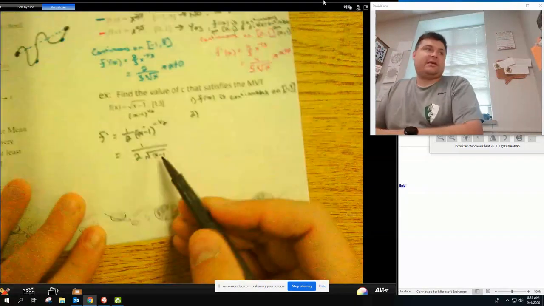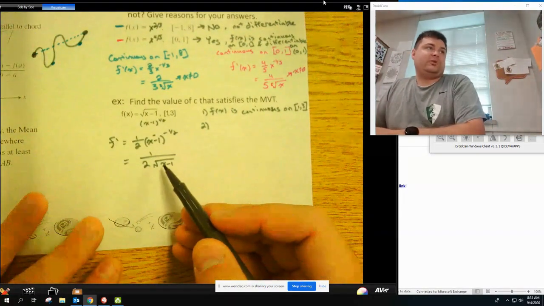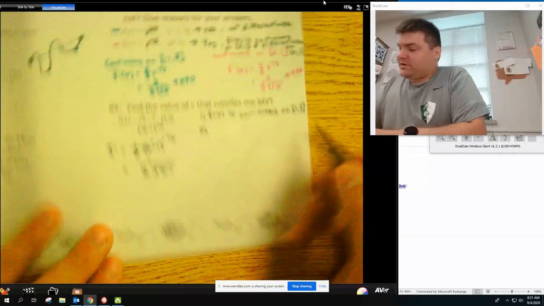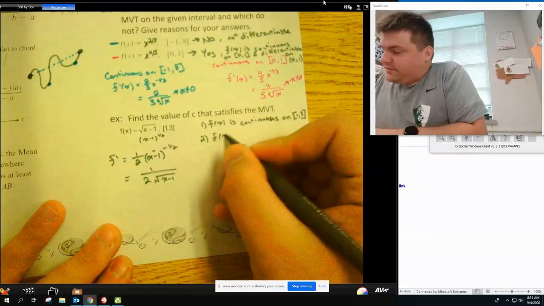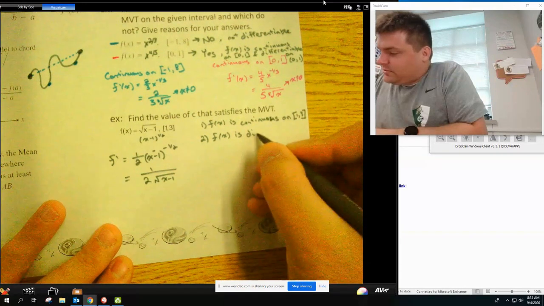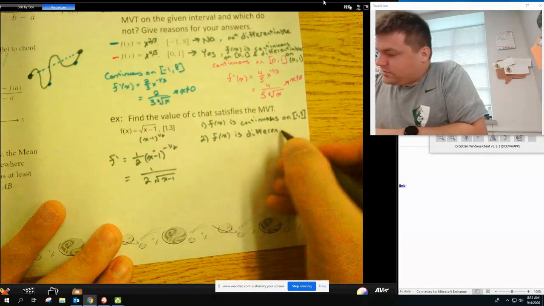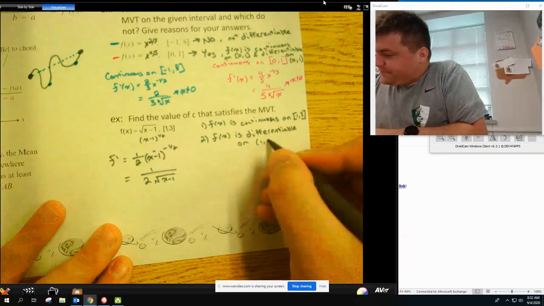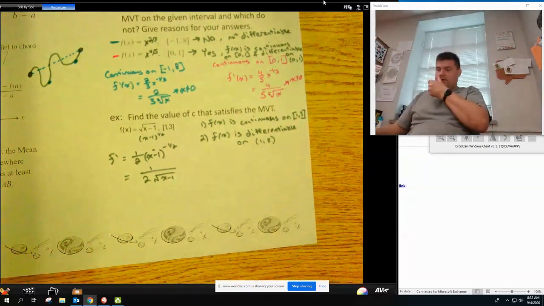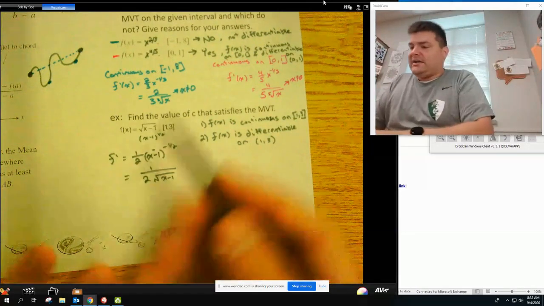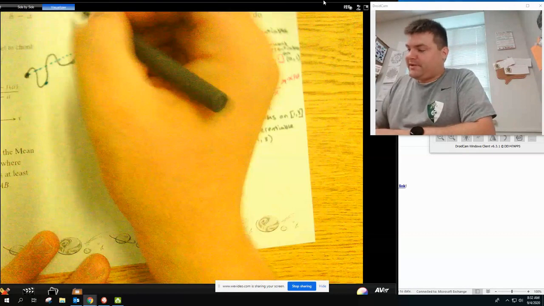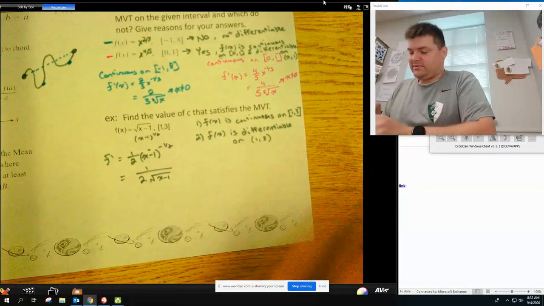It looks like we're not differentiable at 1 or anything less than 1, but this works out because we're inside the interval. So f of x is differentiable on the interior here. Now I need to find the secant from my endpoints and set it equal to my derivative, which I just found right there.